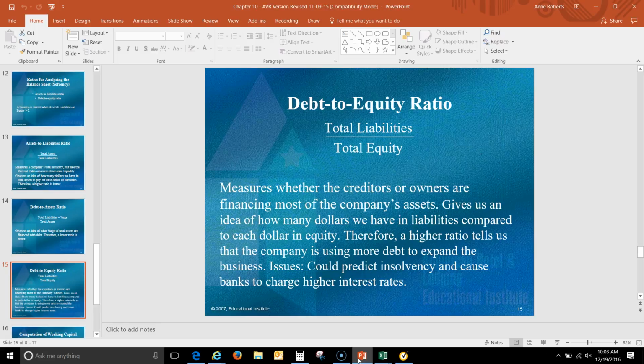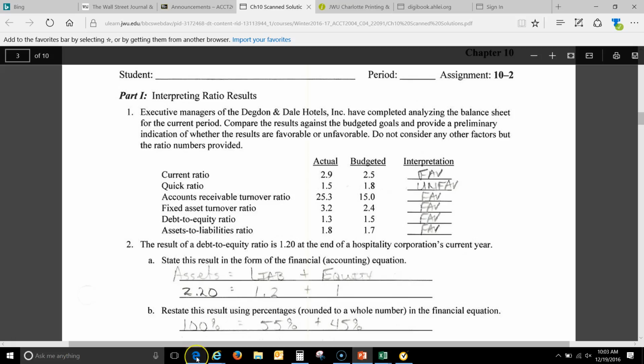So it is favorable, because our budget was 1.5. We were expecting $1.5 in debt for every dollar invested in equity. We ended up with $1.3.